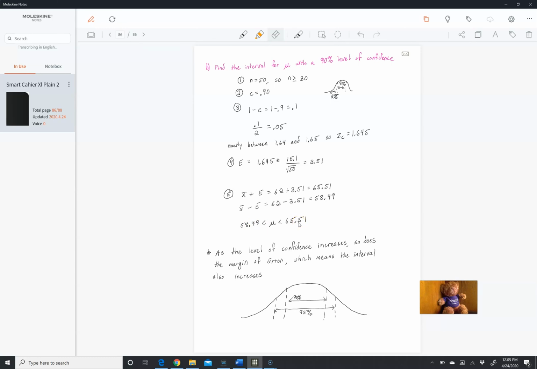So as we decrease this interval, our level of confidence is going to decrease as well. If it's at 62, I'm not going to be confident at all. I'm not going to be very confident that it's between, let's say, 61.5 and 62.5. So if we said it only has 50% level of confidence, then this number is going to be very small.